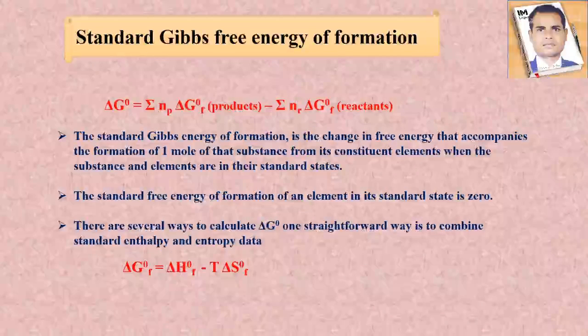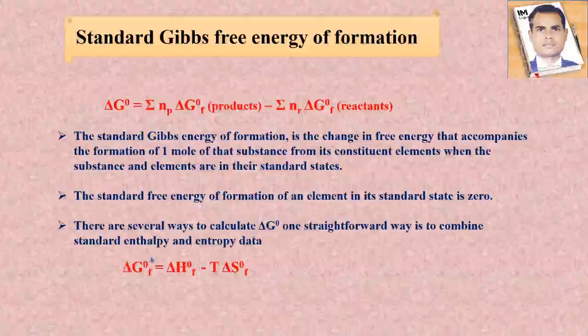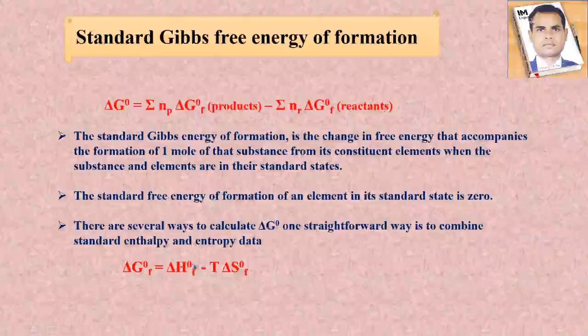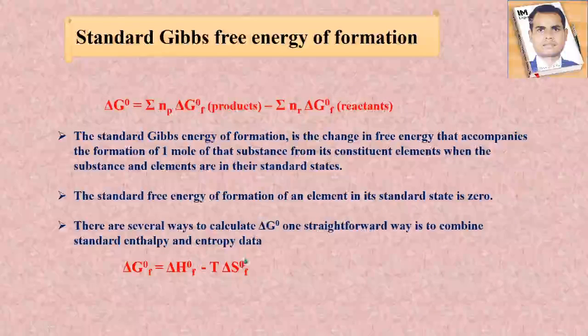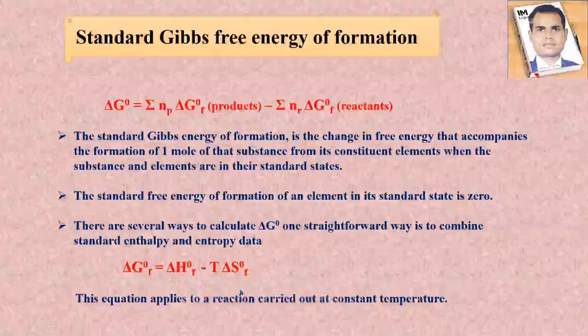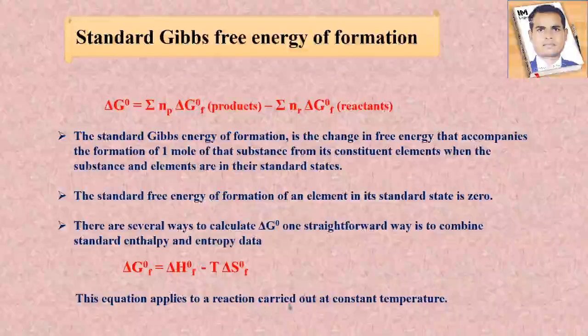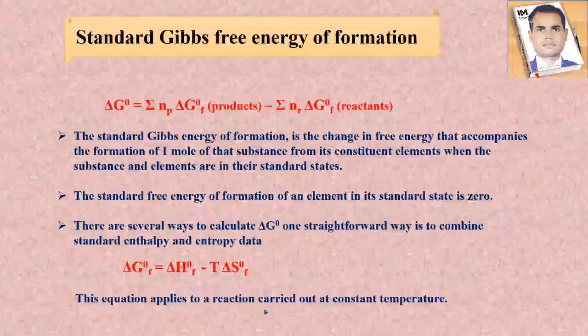And in this case, you can use this equation: delta G0 at the base F is equal to delta H0 at the base F minus T delta S0 at the base F. So in this case, we have to apply this equation for this kind of reaction carried out at constant temperature, right?